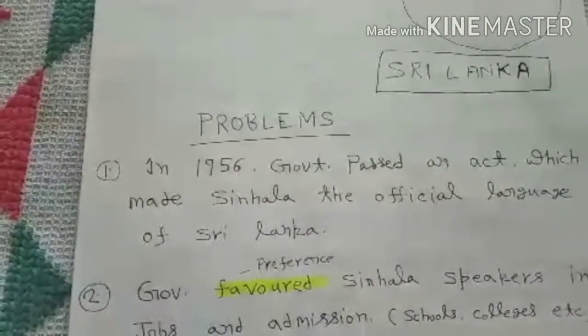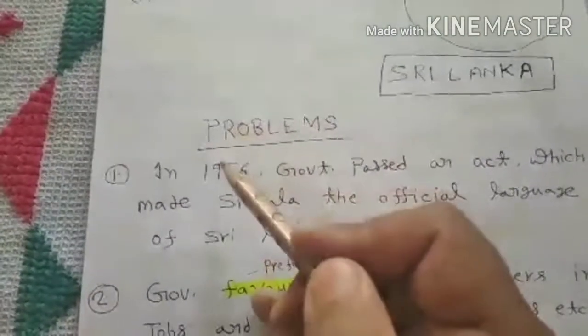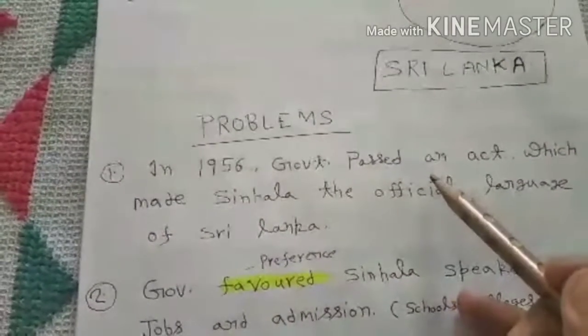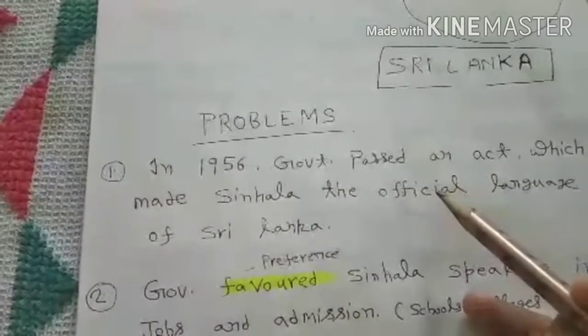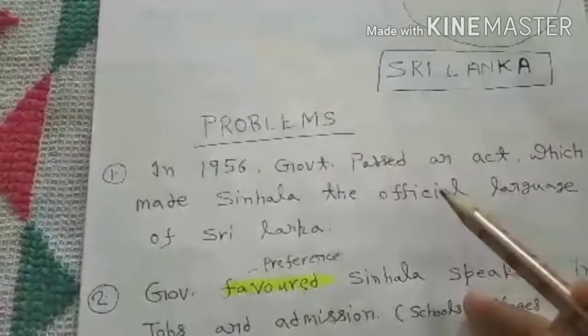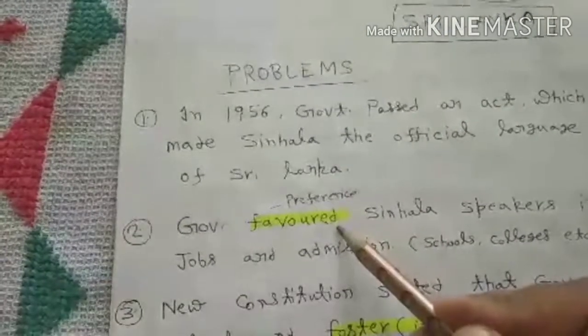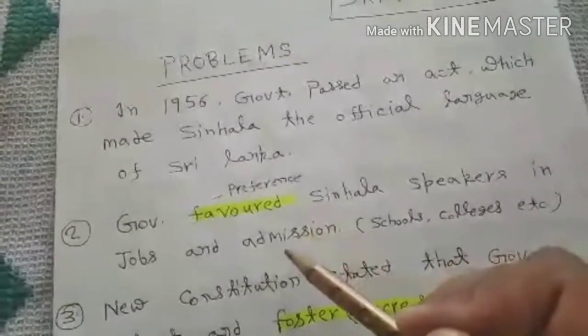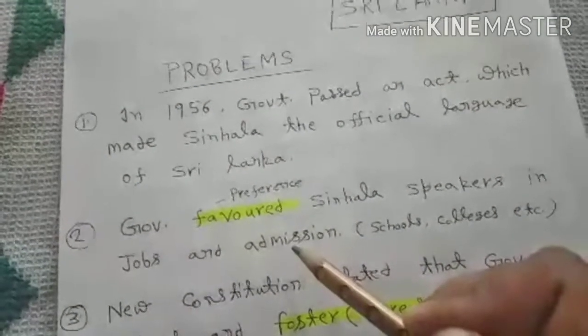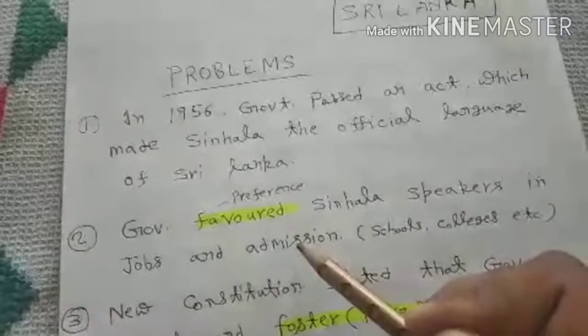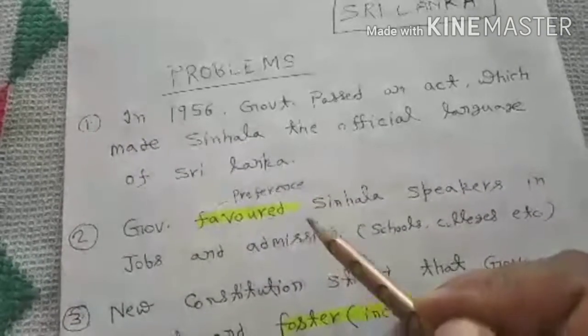So what were the problems there? In 1956 the government passed an act which made Sinhala the official language of Sri Lanka. Second, the government favored Sinhala speakers in jobs and admission, a kind of reservation for those people.